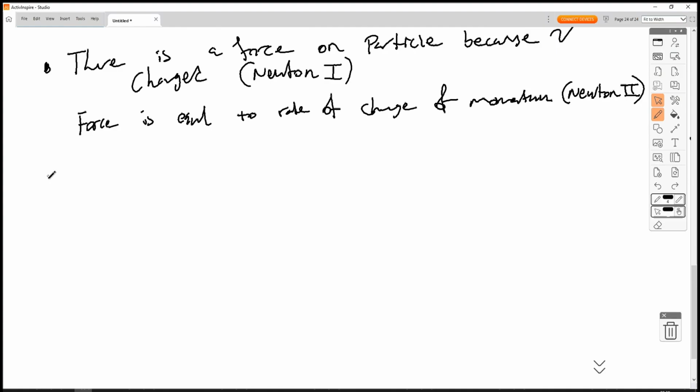Now, Newton 3 then says that every action has an equal but opposite reaction, which means that there has to be the same type of force but acting on two different bodies in opposite directions. So if there is a force on the particle during that collision, then there's also a force on the wall of the container.